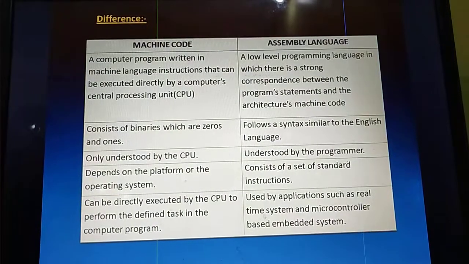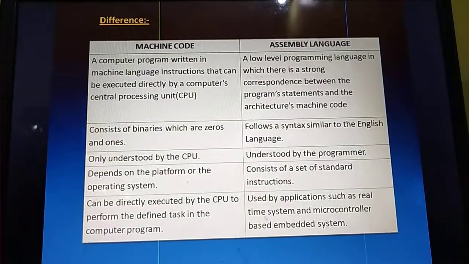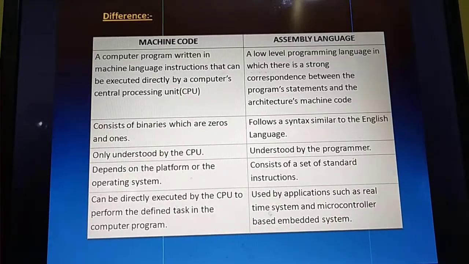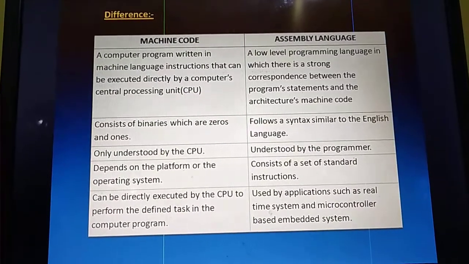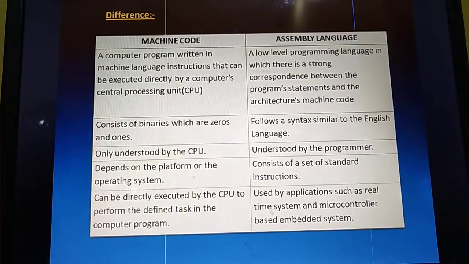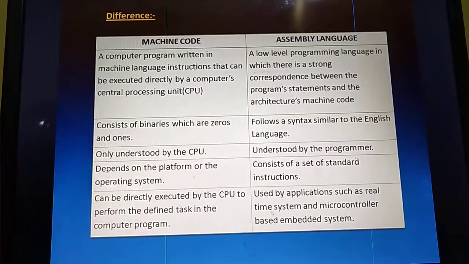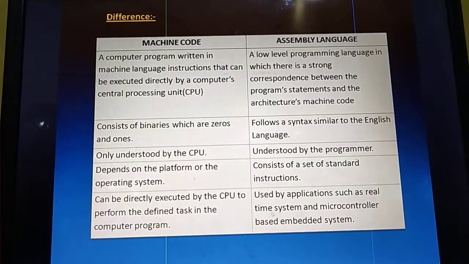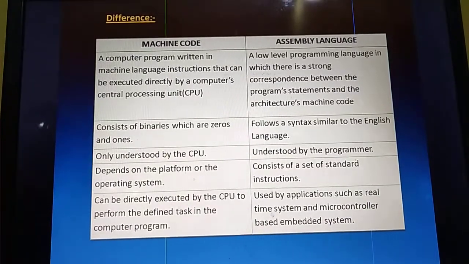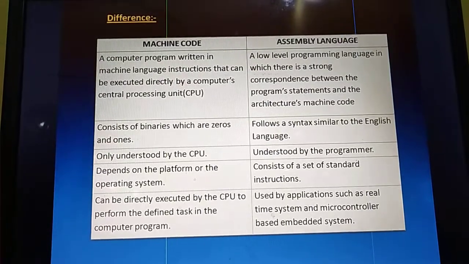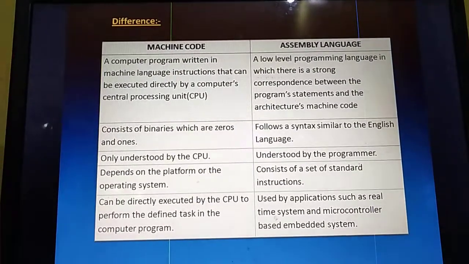Now, here I have tried to represent the difference between machine code and assembly language. No doubt many of you are very familiar with all these things, but still I would like to represent that in the case of machine code, the program written in machine language is directly executed by the CPU, and assembly language is a low level programming language where there is a strong correspondence between the programmer's statements and the architecture's machine code.